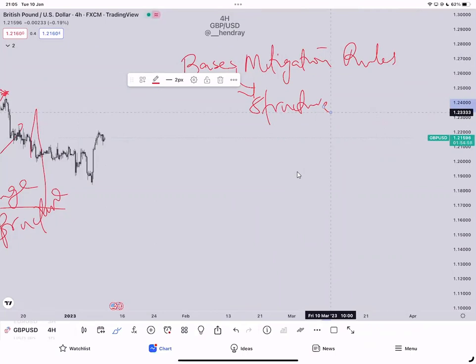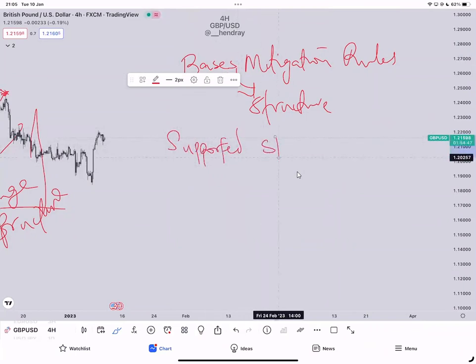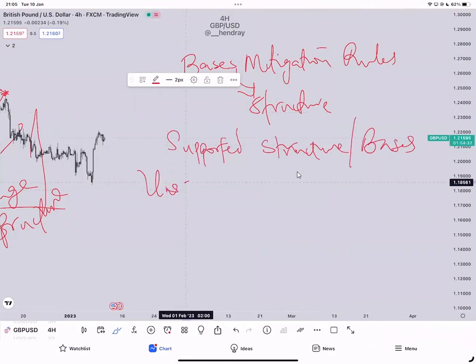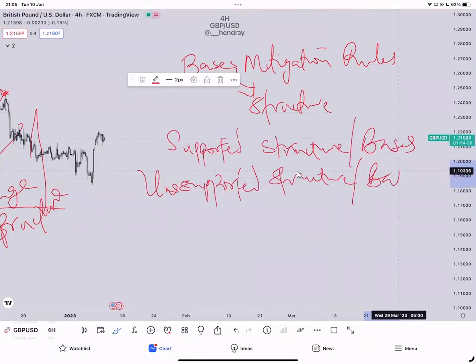So we have what we call supported structure or basis, and we have unsupported structure or basis.